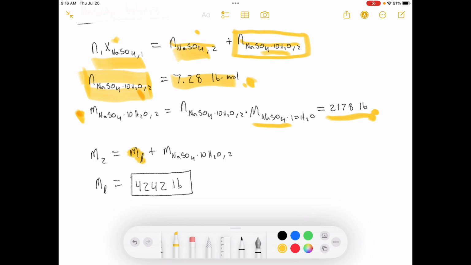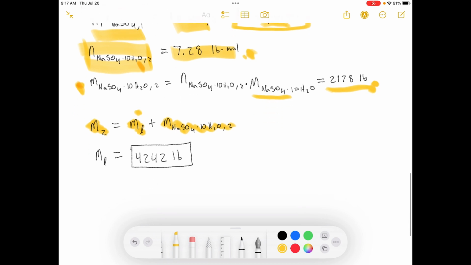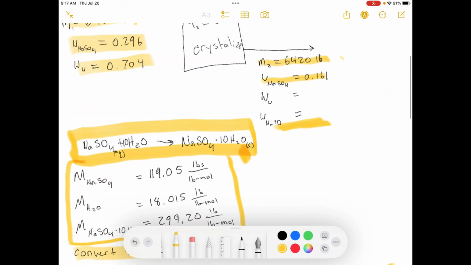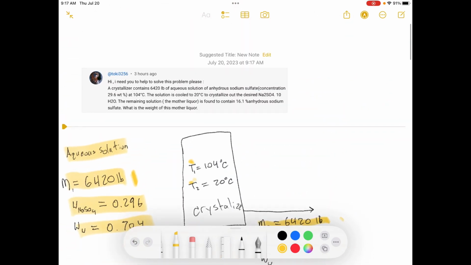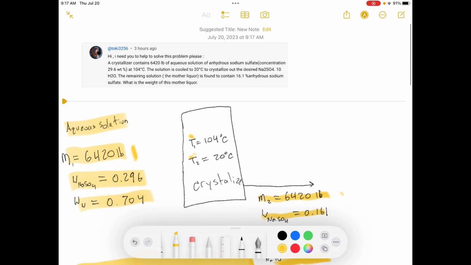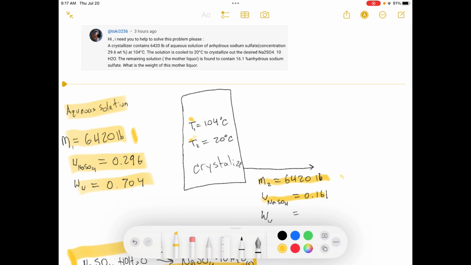That's what I represent with L here. We know the mass of stream 2, and we know how much mass was crystallized. So we just solve for the mass of the remaining liquid with the salt in it, and that is the mother liquor, and the mother liquor has 4,242 pounds left. That is the mass of the mother liquor, and that's what the question asked for. So we are done with this problem now.